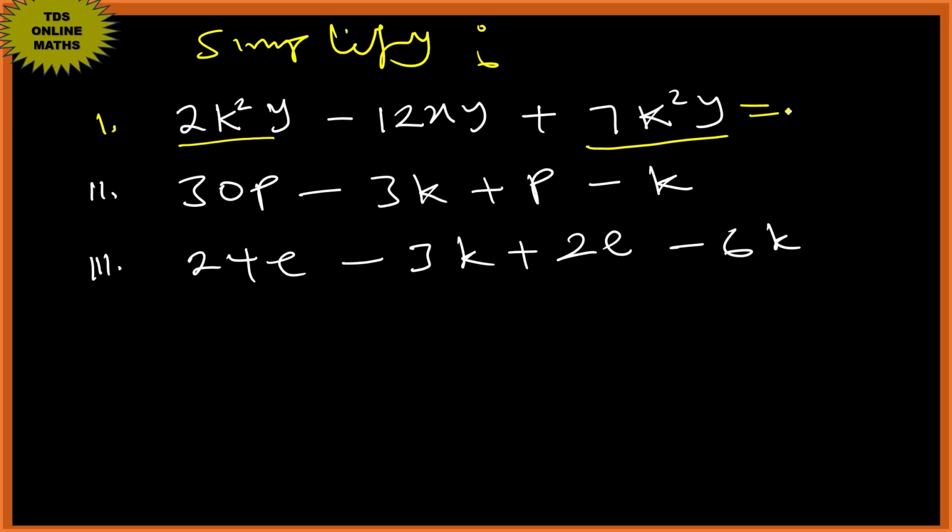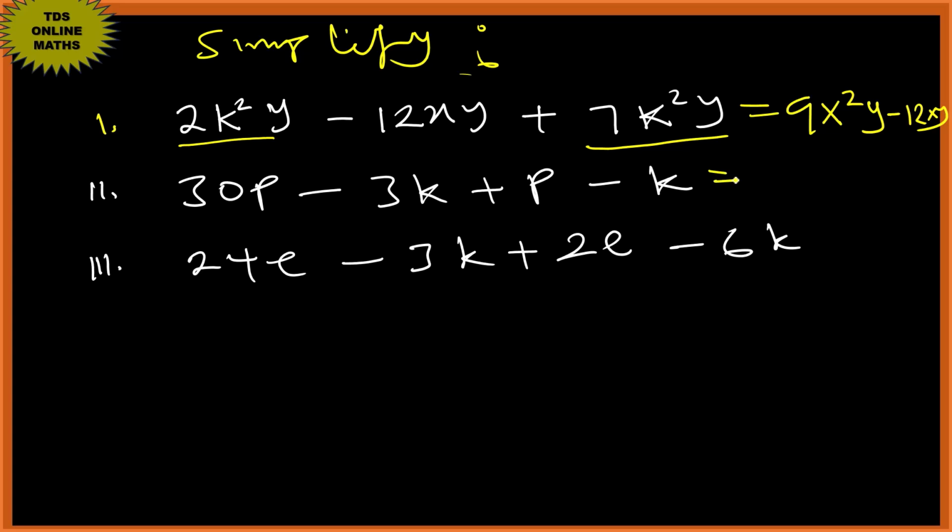So I can put them together. So 7 plus 2 is 9. Then I add the variables. So we have only this one, minus 12xy. So 9k squared y minus 12xy. That's the answer.